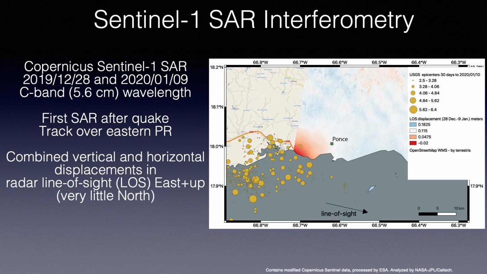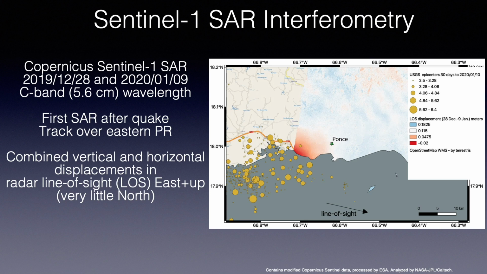We use data from the Copernicus Sentinel-1 satellite. There are actually two satellites, but they used just one satellite over Puerto Rico to acquire data approximately every 12 days. This first pair of images was acquired on the 9th of January and gave us the first look at the deformation from the magnitude 6.4 earthquake.